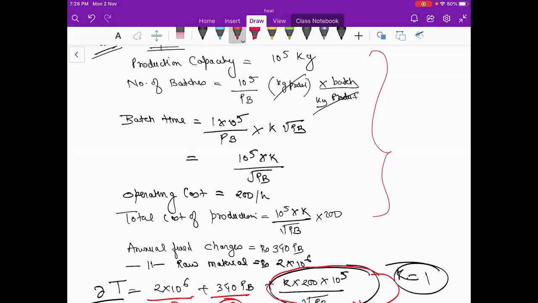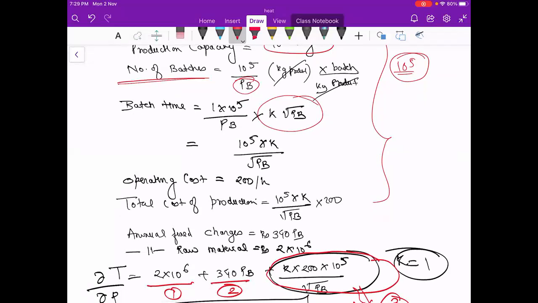Batch time needs to be explained. Okay, I will explain once again. See, production capacity they have given as 10 to the power 5 kg. Unit of PB they have given. By adjusting the value of PB, you will get the number of batches you want. So batch time they have given again as K into under root of time, so this much batch time will be needed.